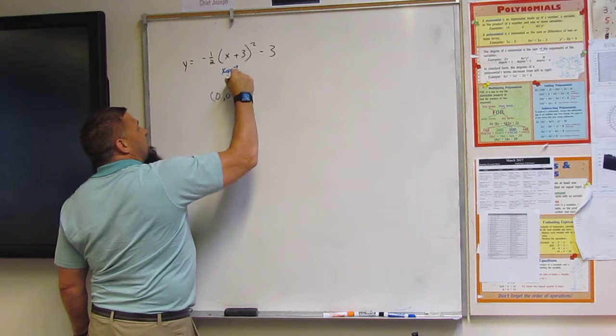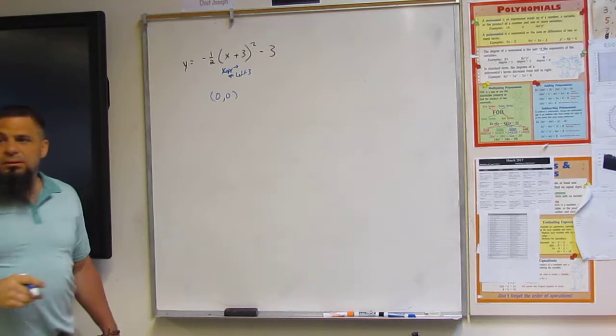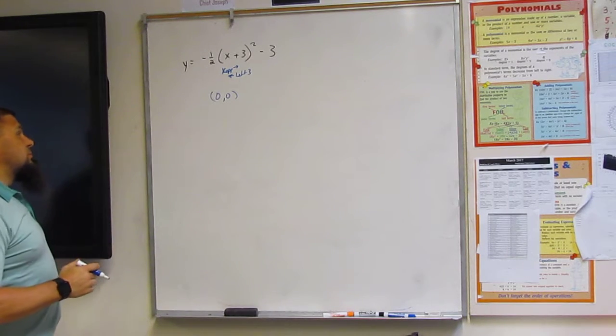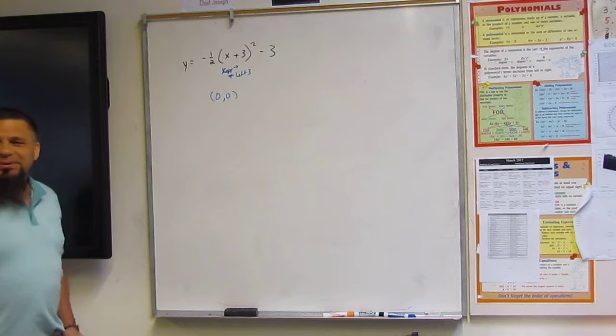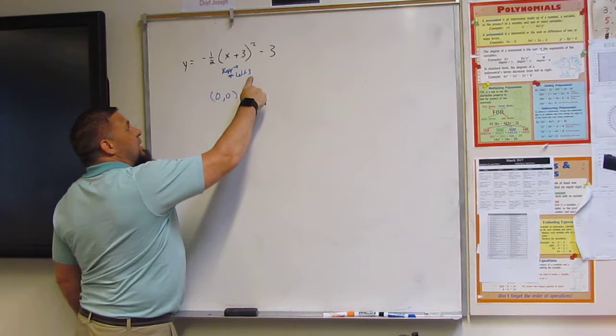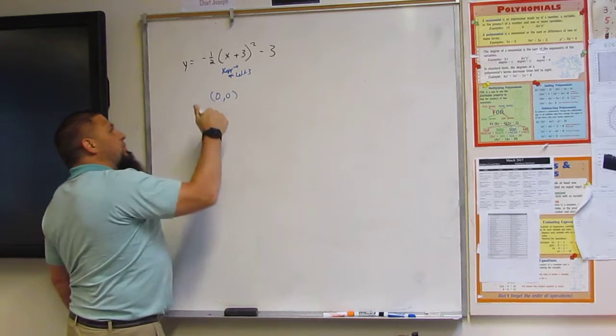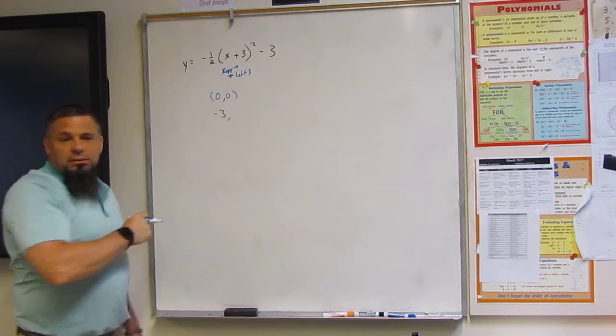Left. So we're going to go left 3. Opposite of right could be wrong, but it's left. So left 3, okay, so what is left 3? Oh, that would be negative 3, right?